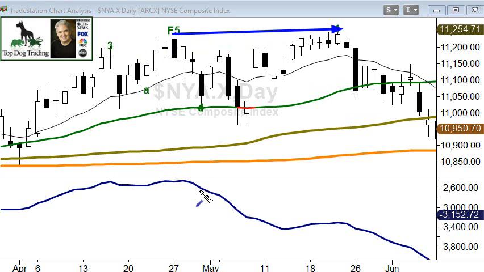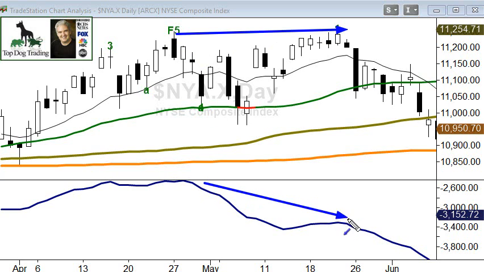So here's one of the signals that I'll take, a divergence like this. And I like this one, but what you really need to have here is more than just this. Like any other, this is not really an indicator as such. It's an index. So indexes are different than indicators. This is really statistics. But you see that kind of divergence there, and those are pretty good.